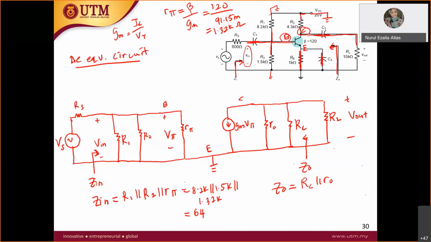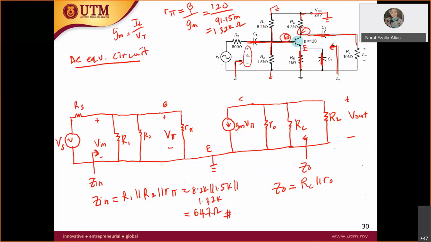What is the value of VT? 26 millivolt. Thank you. Can someone parallel all these three resistors: 8.2K, 1.5K, 1.32K? 647 ohm.